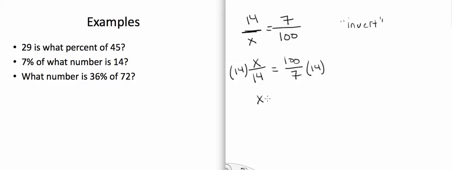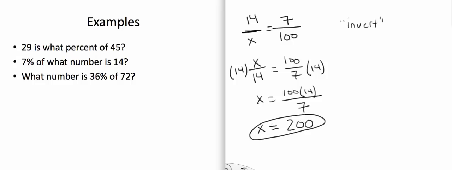So we end up with x equal to 100 times 14 divided by 7. When we type that into our calculator, we get an answer of 200. And if we look at where this 200 would fit into this equation, it's just a normal number because it falls under the of category. So the final answer of 200 is correct.